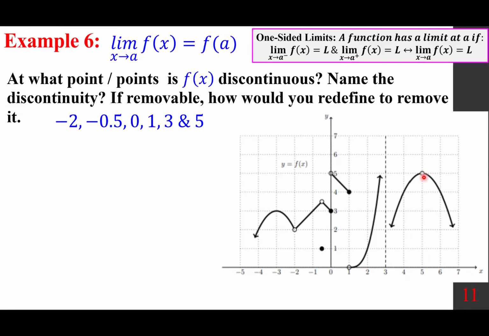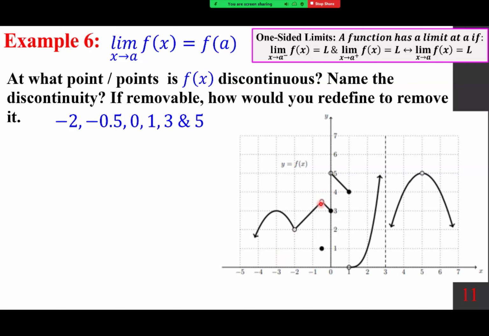So the type of discontinuity for each case. So I hope you notice that there is a hole here, but they're really connected. So if we could fix that hole, everything would be fine. So -2 is fixable, is removable.